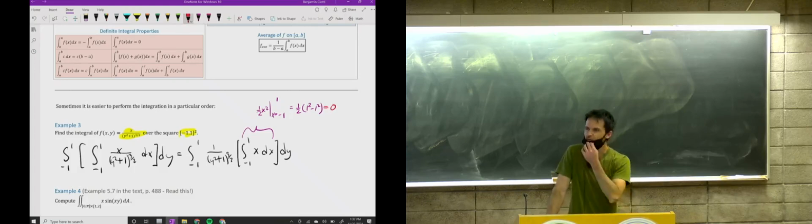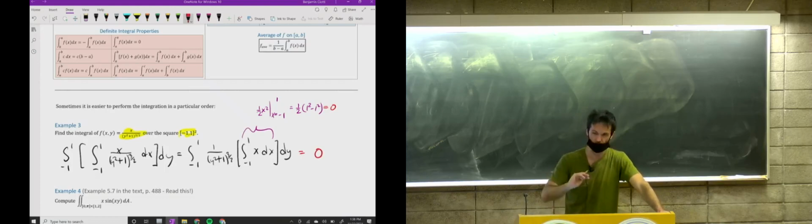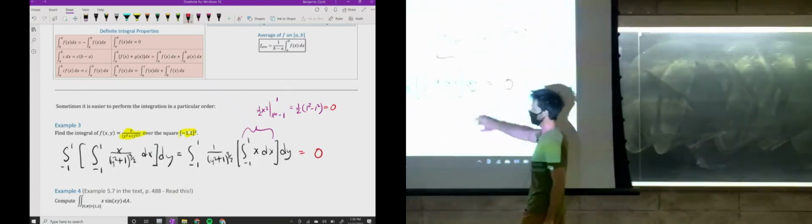So I get a factor of 0. I don't even have to evaluate the y integral. I'm already done, because I got a factor of 0, so the whole thing is 0. Whatever the y integral is, it's being multiplied by 0, so I already know what the answer is going to be.